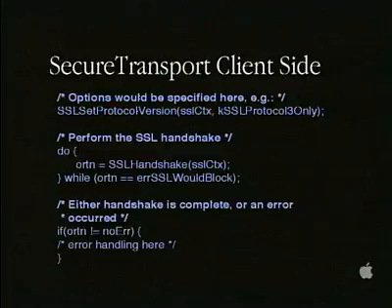For this particular transfer, we're asking for SSL version 3 protocol only. You could also specify any of the other options that you would want to do at this particular point, such as allow expired root certs, et cetera.